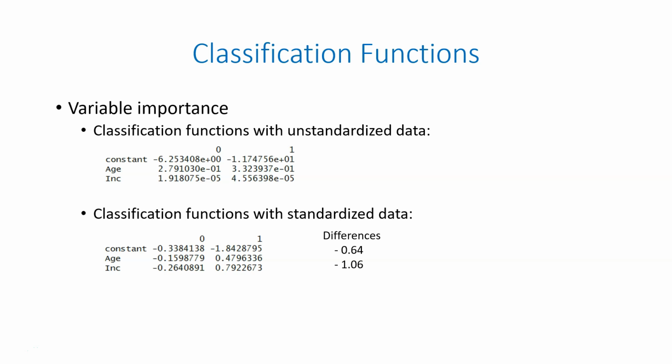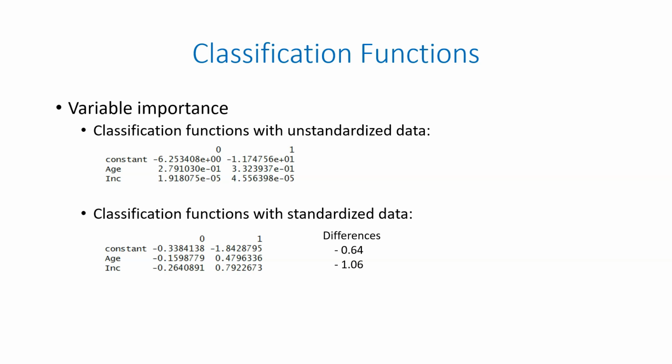As you can see here, the classification functions look just like linear regression functions. And in linear regression functions, the coefficients often tell us the strength and the direction of the impact of one unit change in the independent variable on the value of the dependent variable.